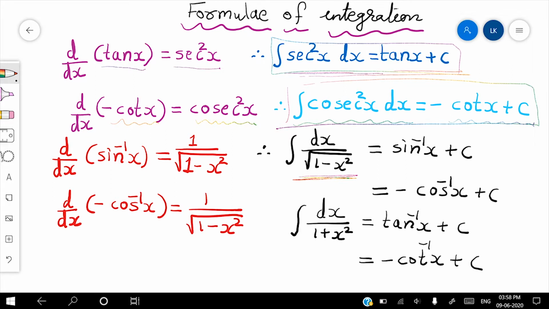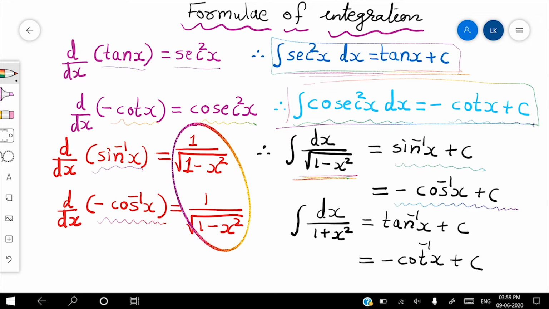Integration of 1 upon under root 1 minus x square, that is either sine inverse x plus c, or you can write minus cos inverse x plus c. Why? Because derivative of sine inverse x and minus cos inverse x is same, 1 upon under root 1 minus x square.